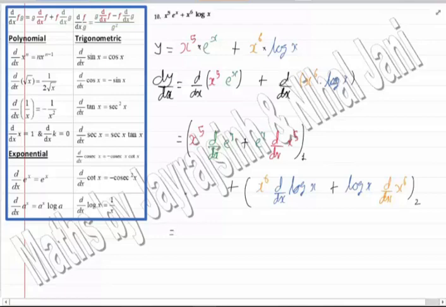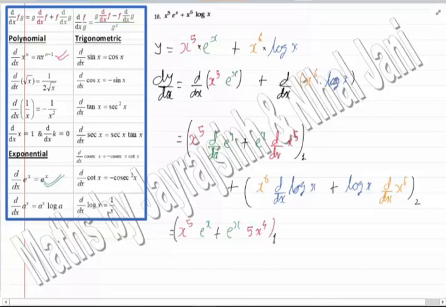Okay, now let's do as we plan. X raised to 5 is as it is, differentiation of e raised to x is e raised to x, plus e raised to x as it is, differentiation of x raised to 5 is 5x raised to 4.